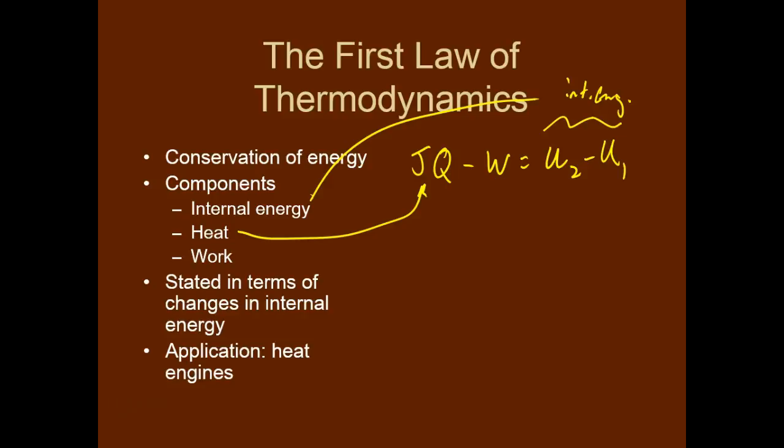Most of the time they're not all that efficient, so you do have a change of internal energy. So this shows the relationship between these three components. U2 is final, U1 is the original. You added heat, you did work, and the difference between those is the change in your internal energy.